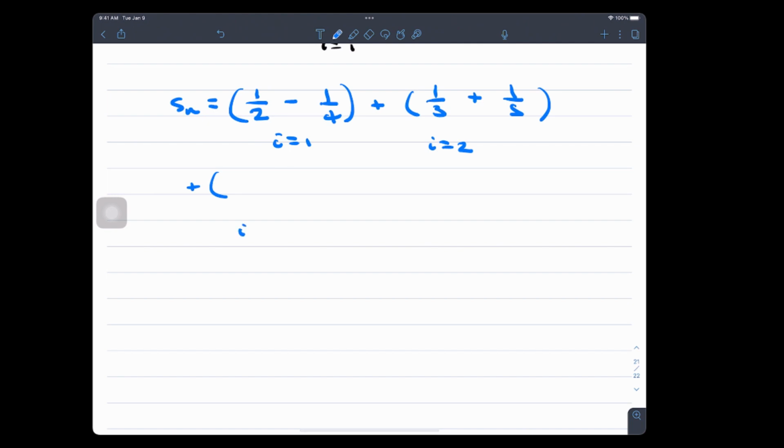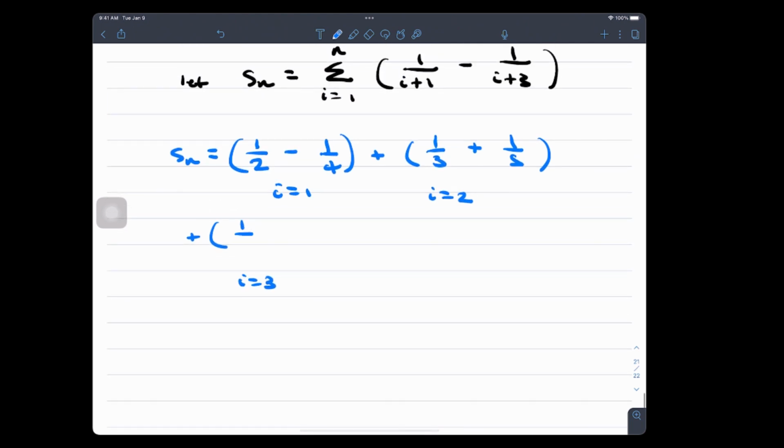All right. Now i is 3. What do we get when i is 3? Plug in the values there. We get 1/4, sorry, let me go back here. It's minus 1/6. And then we get 1/5 minus what? 1/7. That happens when i is 4.